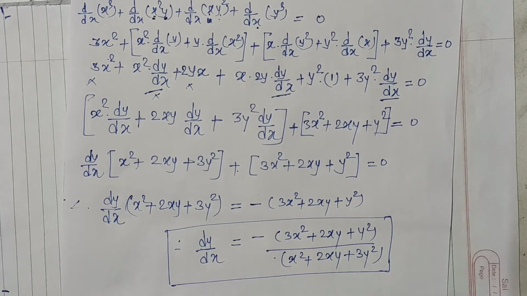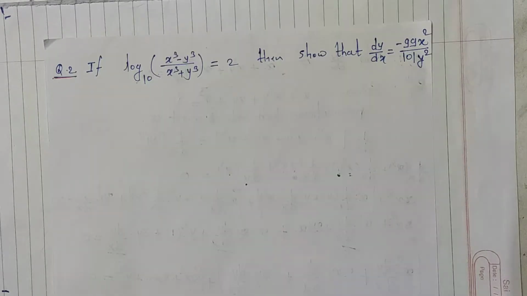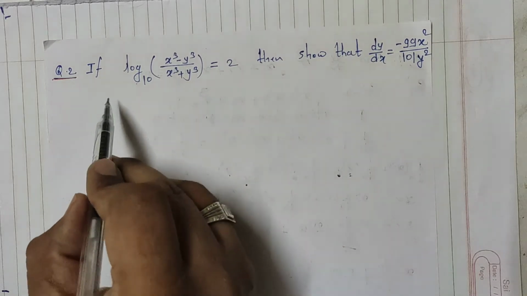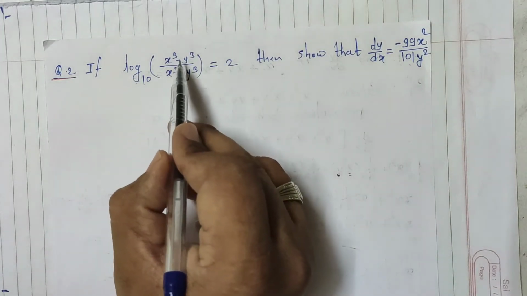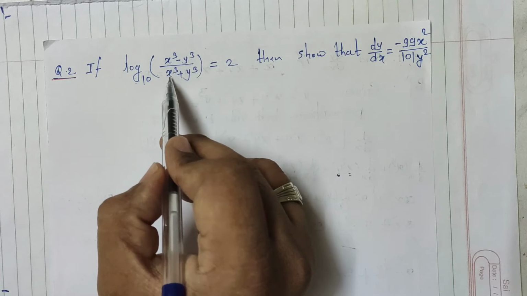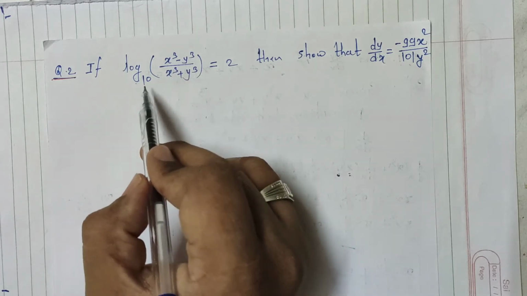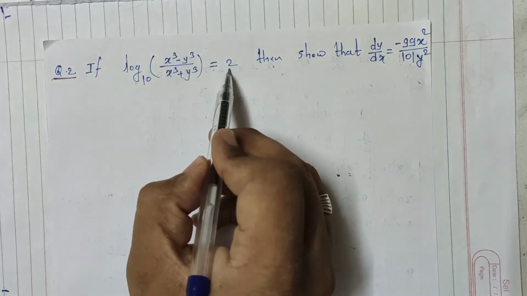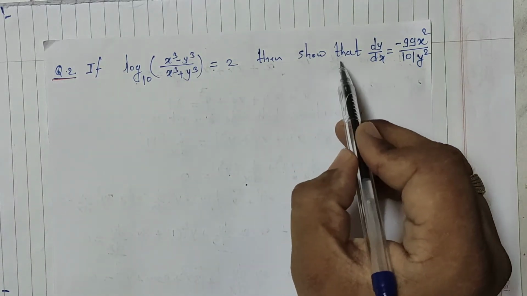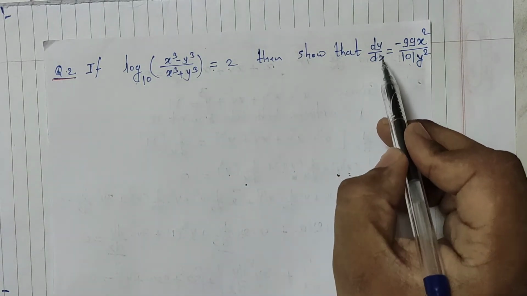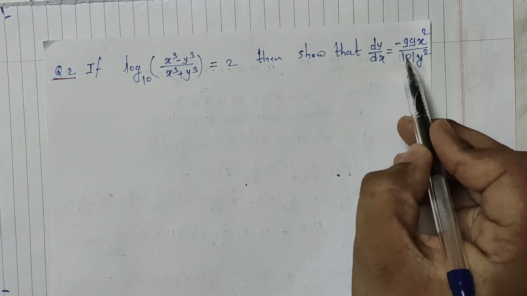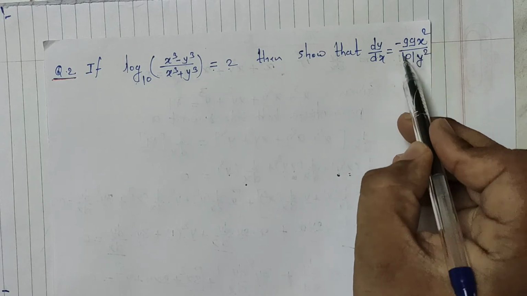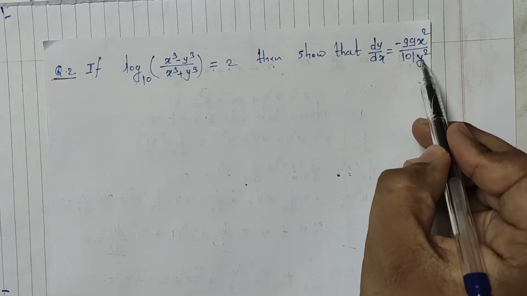Okay, then we move to question number 2, which depends on implicit function. What is given? If log of (x cube minus y cube) upon (x cube plus y cube) to the base 10 is equal to 2, then show that its derivative dy upon dx, y with respect to x, is equal to minus 99x square upon 101 y square.